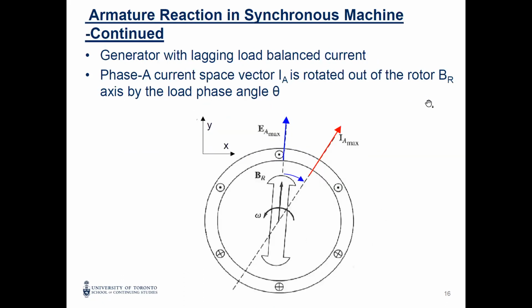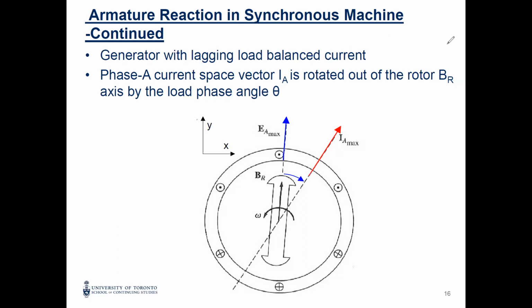Then we are going to load this machine, and let's assume it's a lagging power factor, or lagging current, or lagging load. We have an angle between E, the voltage, and the current, and the current, of course, is lagging. This is the current, this is the E. Because of this current, you will have a flux, right?